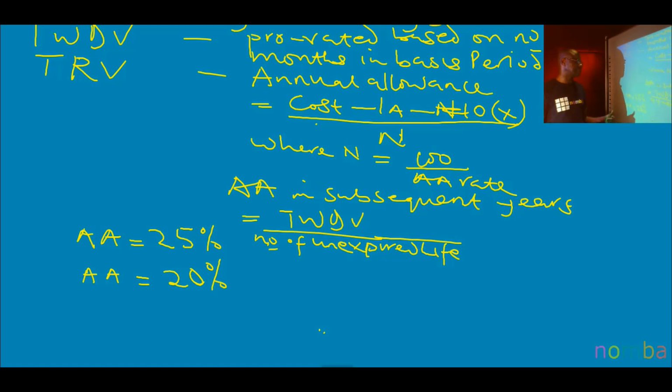In this case, because the new AA will give me 5 years, and the asset has already used up 2 years, my AA will be the TWDV brought forward divided by 3 years, because now 5 minus 2 will give me 3. The unexpired life will be 3 years and not 2 if we were going by 4 years. So that is annual allowance.